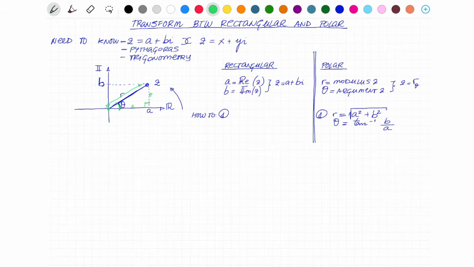If what I want is the rectangular having the polar, well, using trigonometry again, this is the horizontal projection, so it's going to be r cosine of theta, whereas this part here is the vertical projection, so r sine of theta. So let's put it in here. A is going to be r cosine of theta, whereas b is r sine of theta.